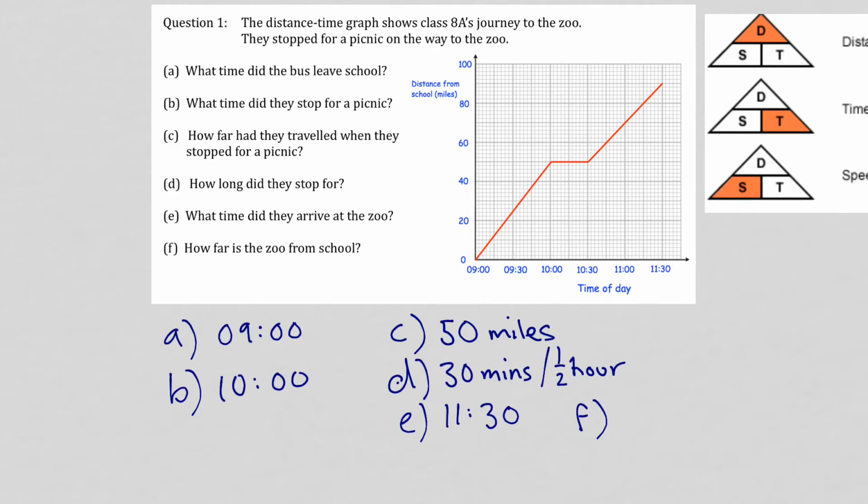Well, again, if this is the end of our journey, we found the time that they were there. How far is a measured distance, and distance is on our y-axis. So if we go across here to our y-axis, we'll see that the end of our line is halfway between 80 and 100 on our y-axis, and that will leave us with 90 miles.